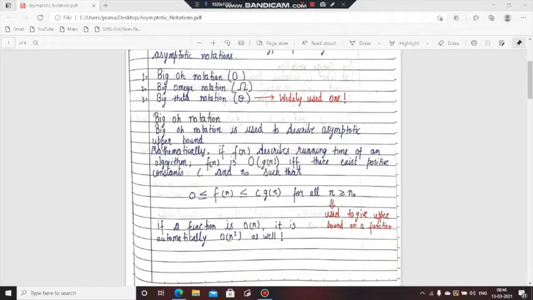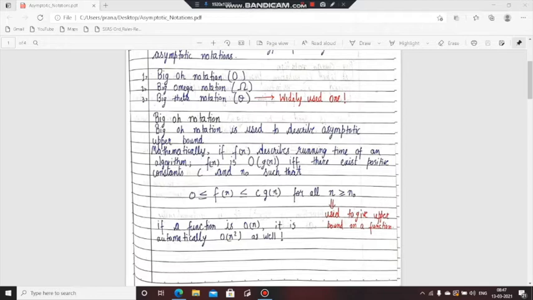Basically, big O of g(n) gives you the time complexity of the function. So f(n) is the running time of an algorithm, and we are supposing here that order of g(n) is the time complexity of this algorithm.